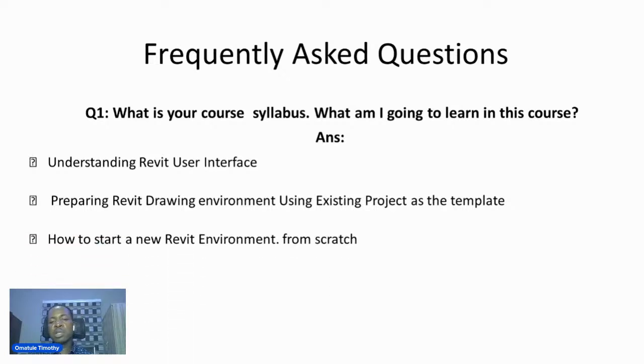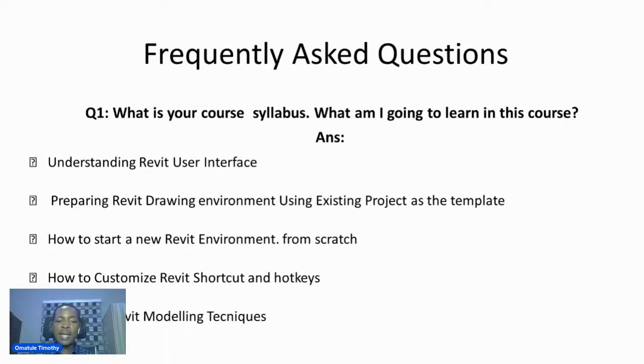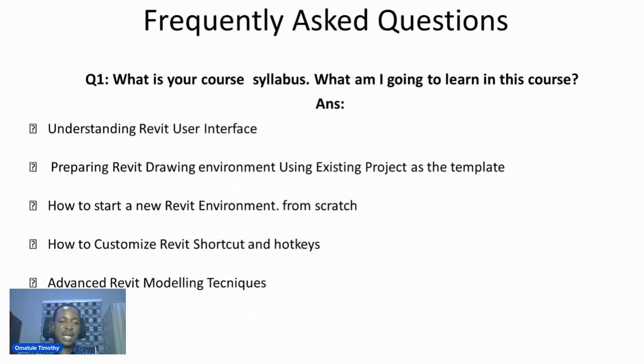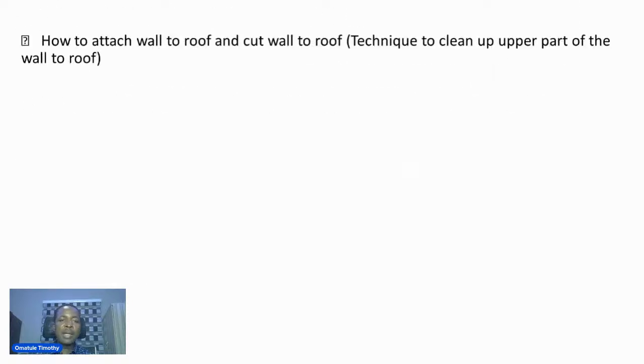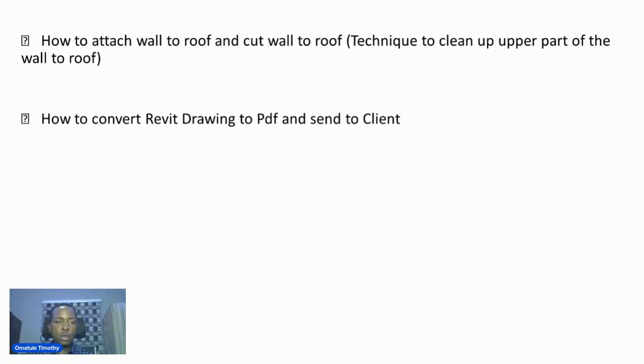You learn how to customize Revit shortcuts and hotkeys. You learn advanced Revit modeling techniques. You will learn how to attach wall to roof and cut wall to roof. That is a technique to clean the upper part of the wall to roof.